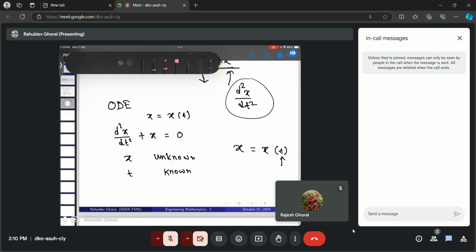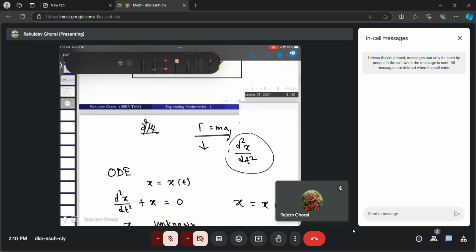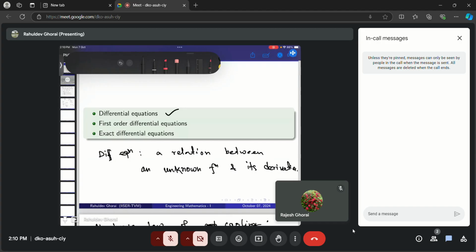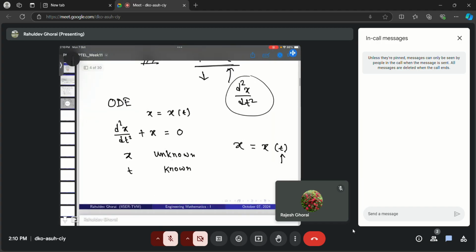So that's what I have said here. The differential equation is a relation between an unknown function, here x, and the known variable t, and its derivatives.